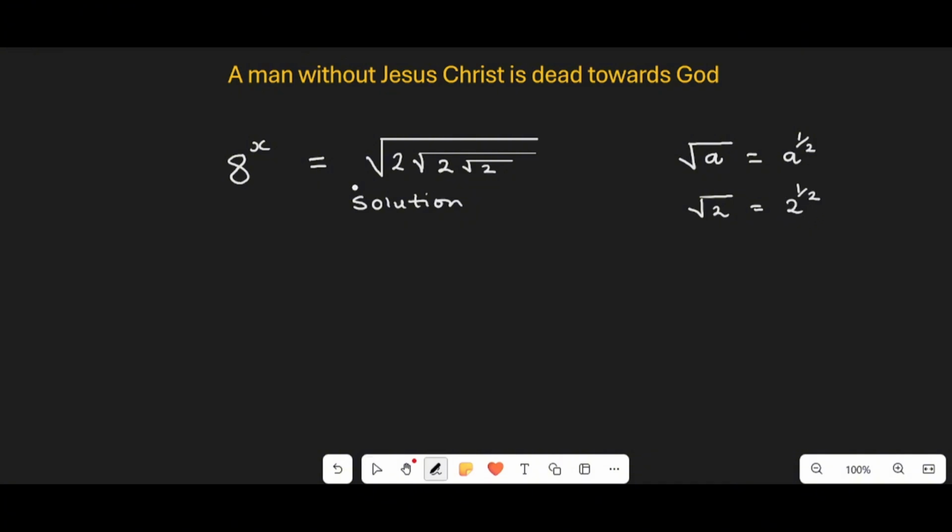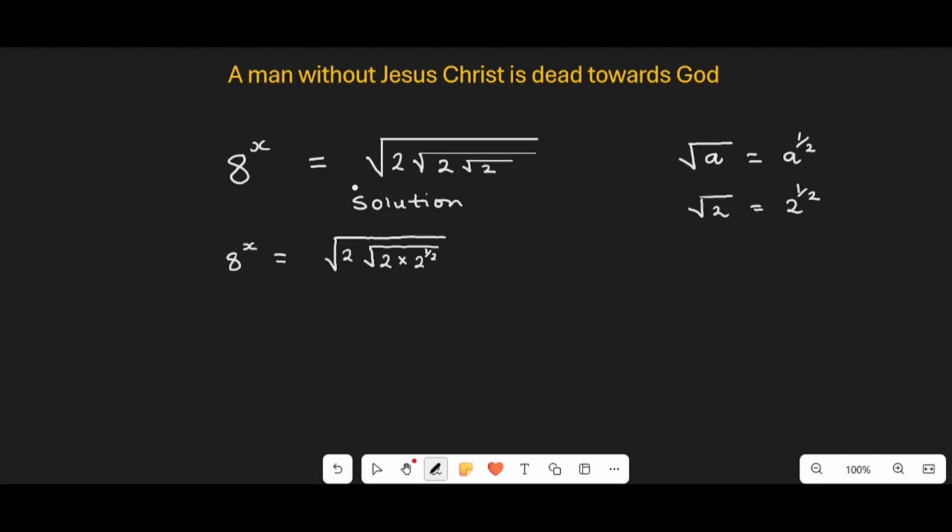So the equation can be written as follows: 8 raised to power x equal to 2 multiplied by 2 raised to power 1 over 2.